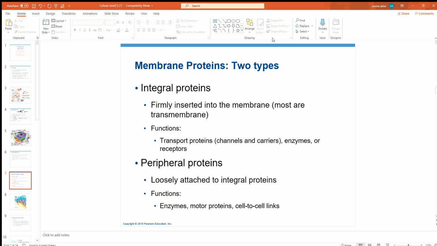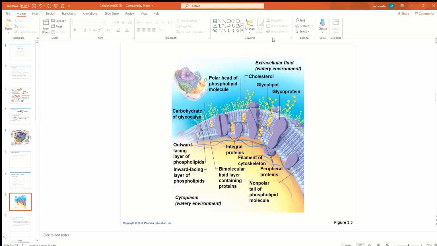The plasma membrane is a phospholipid bilayer. That means phospholipid molecules form two layers. So this is one phospholipid, this is another phospholipid, another phospholipid here.